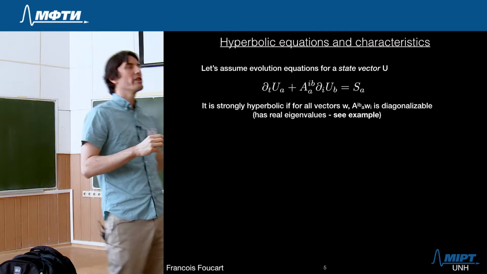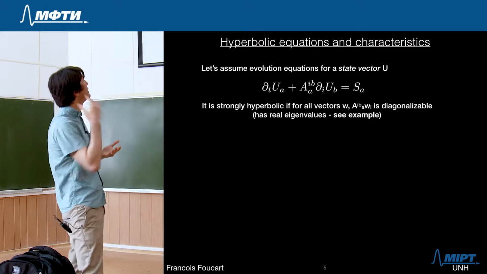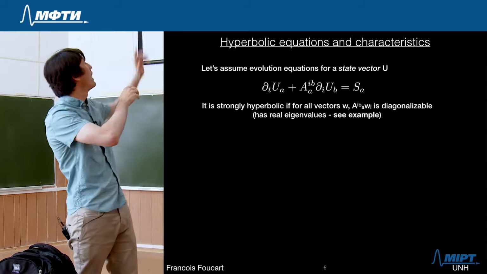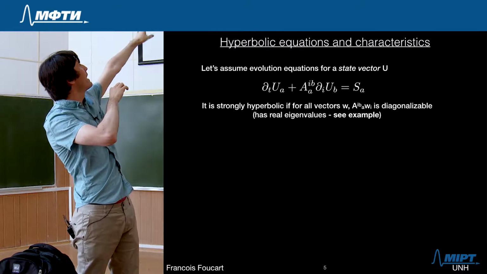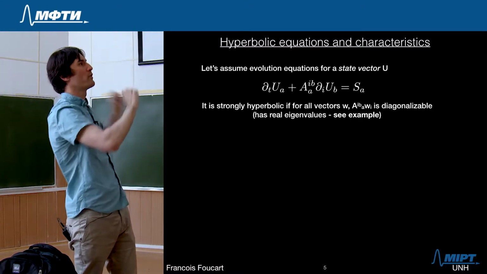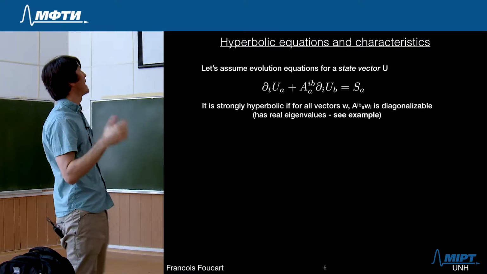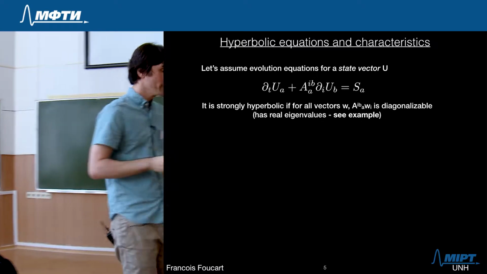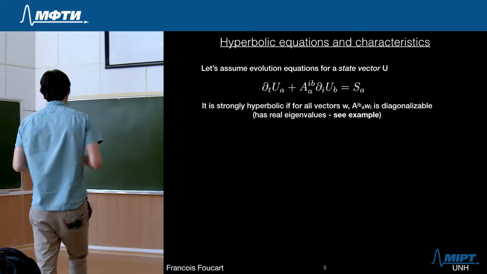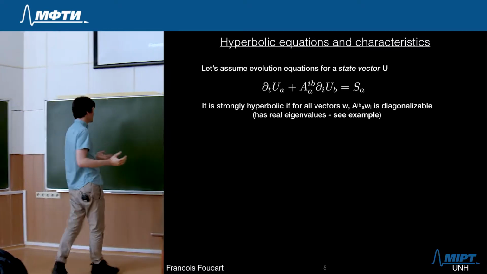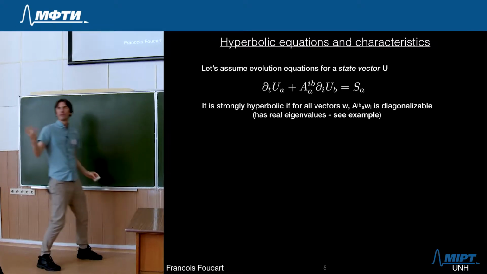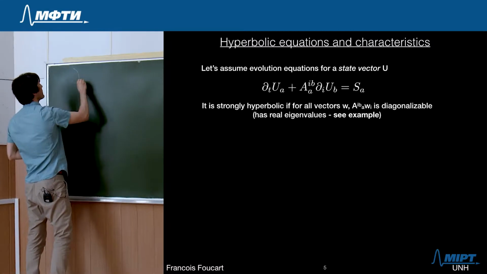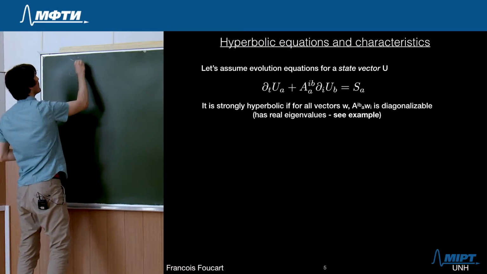Well, we say that that equation is strongly hyperbolic if for any direction, which I write w here, the matrix A for derivatives in that direction is diagonalizable, which means that it also has real eigenvalues. And I'm going to show an example of how that works for an equation for which we already know what the answer is, but that can serve in illustrating our purpose here.